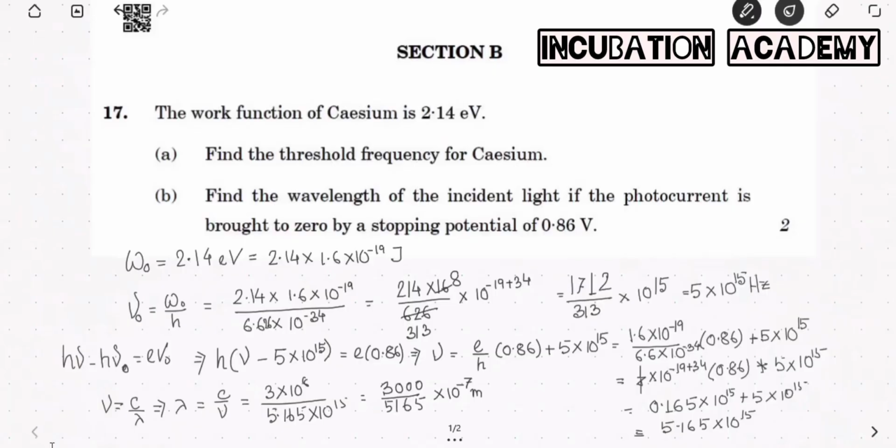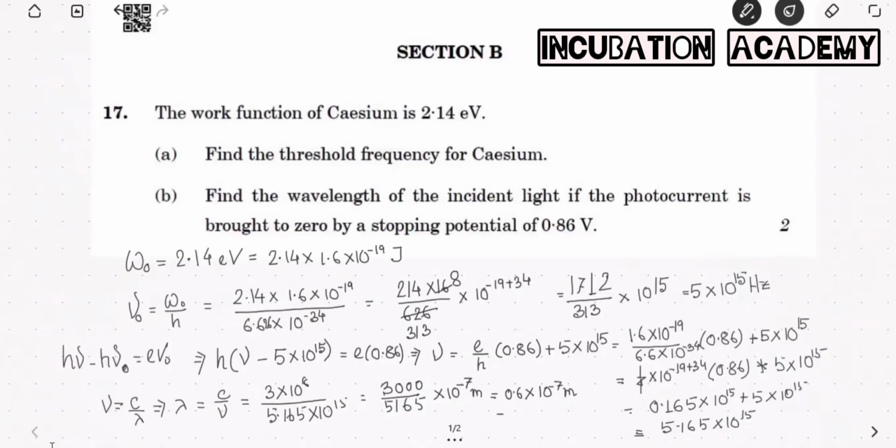If I approximate 3 by 5, then it is 0.6. It is approximately 0.6 into 10 to the power minus 7 meter.